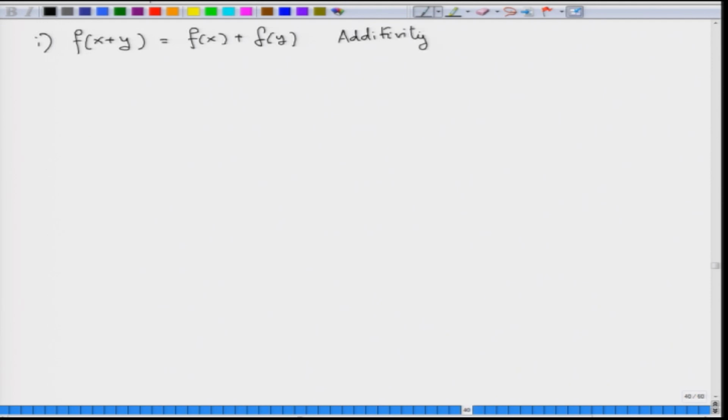And then this is called homogeneity. If you scale the vector x, you also scale the function by the same amount, that is exactly the meaning. This is called homogeneity, not positive homogeneity, because alpha is in R, sorry for the word positive.